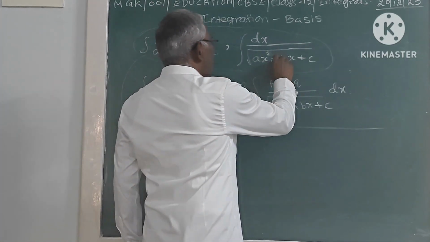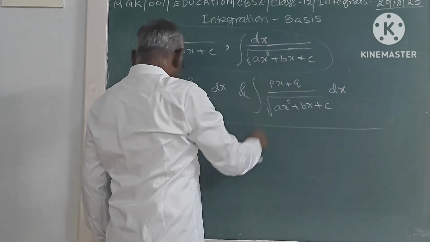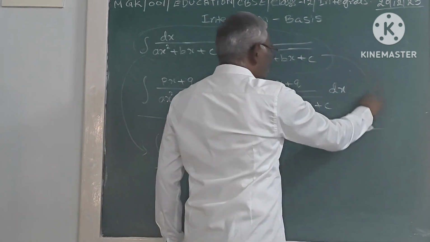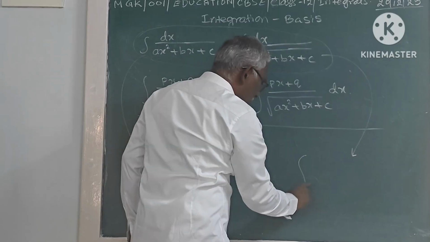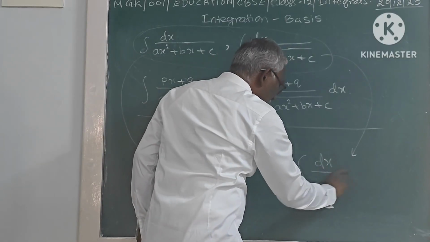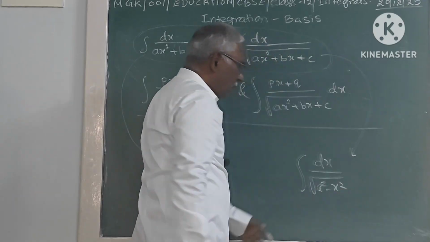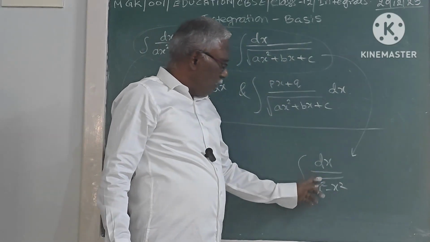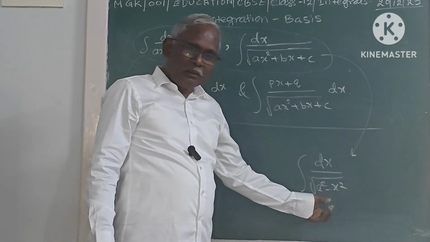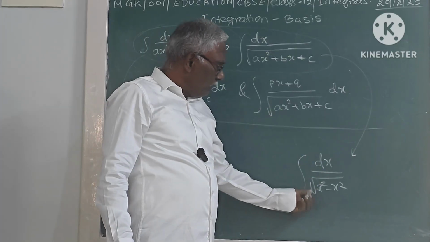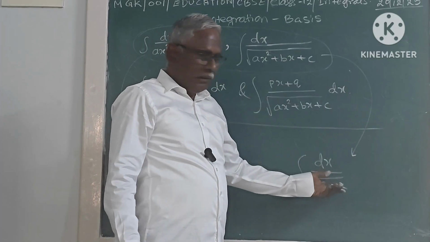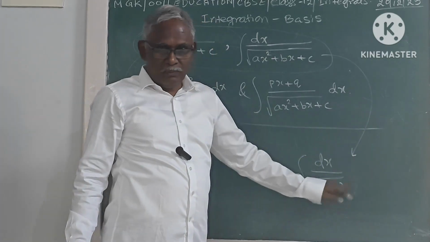When we simplify this, it will reduce to integral dx by square root of a square minus x square, or integral dx by square root of x square plus a square, or integral dx by square root of x square minus a square. It will reduce to any one of these forms.